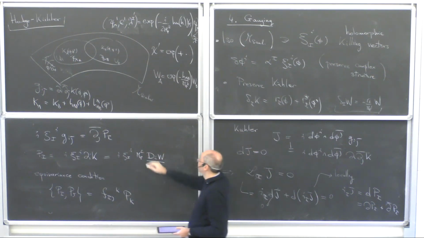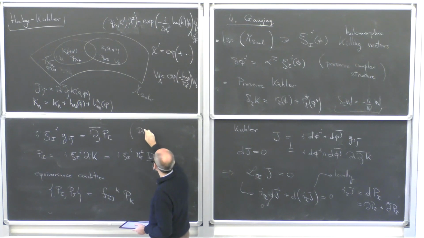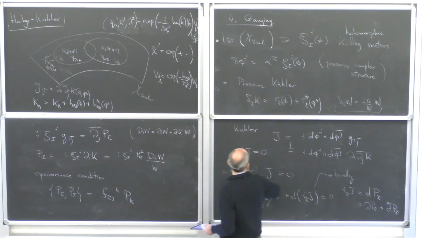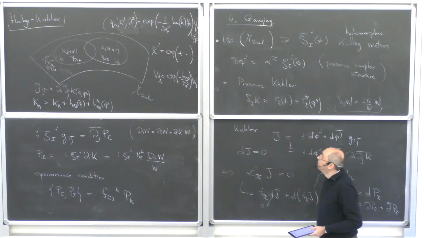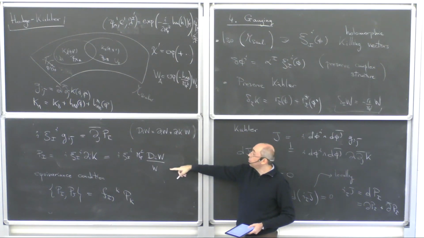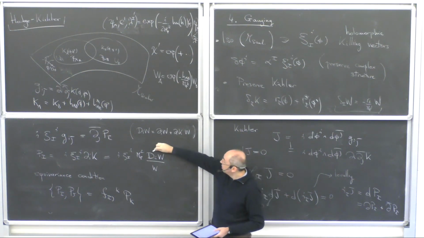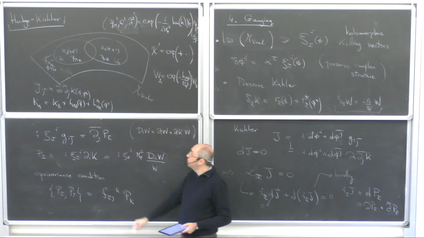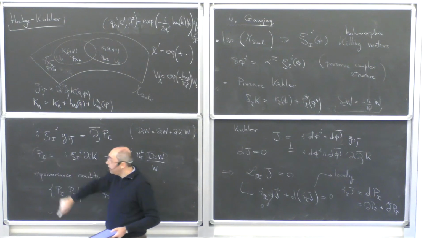Remember that the covariant derivative of the superpotential, because of what we said before, because of the transformation rule, is given in this way, which means that when there is a non-trivial superpotential, the F terms, the derivatives of the superpotential, and the D terms, these prepotentials, are related.